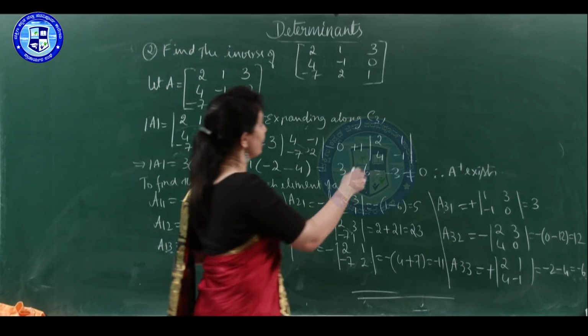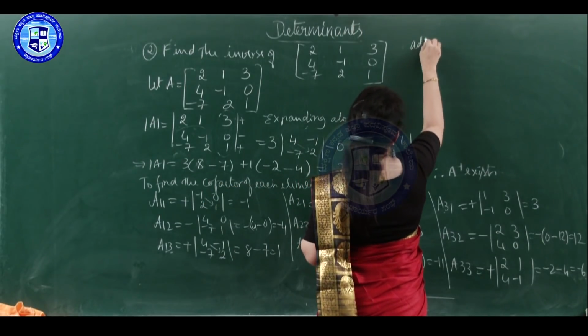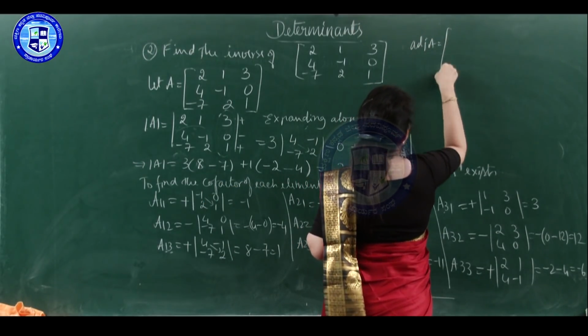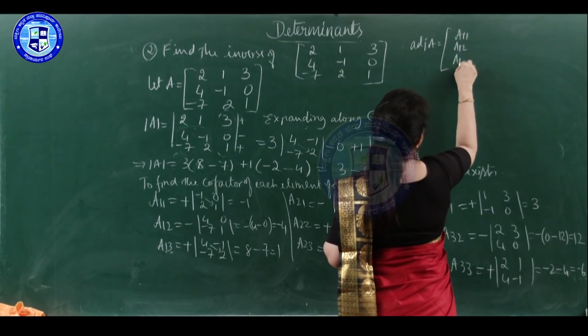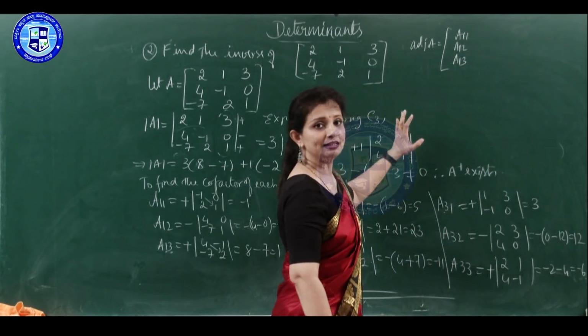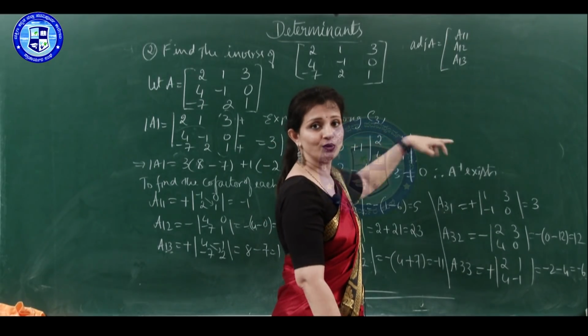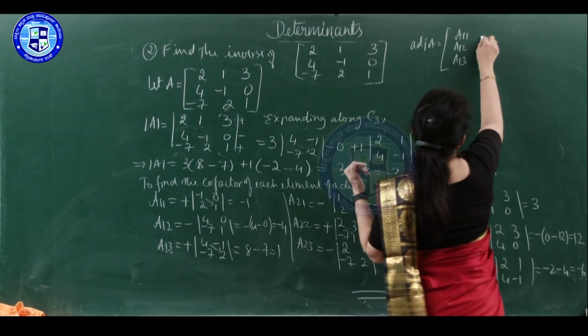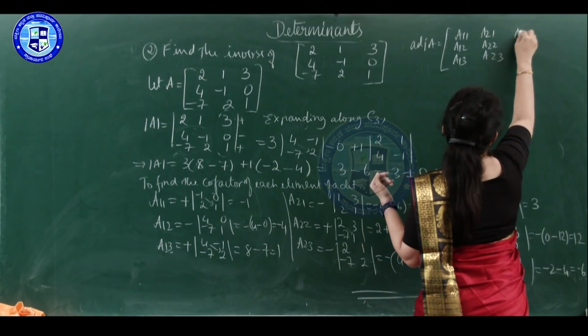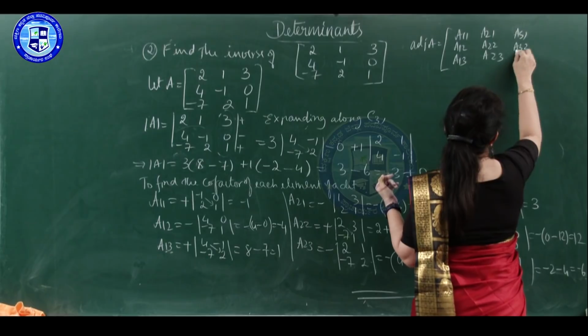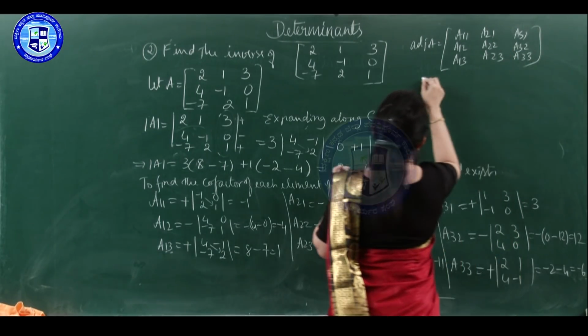Adjoint of A, how will you write adjoint A? Actually it is A11, A12, A13, the transpose of cofactor matrix. So rows change to the columns: A21, A22, A23, A31, A32, A33. So we know the values.